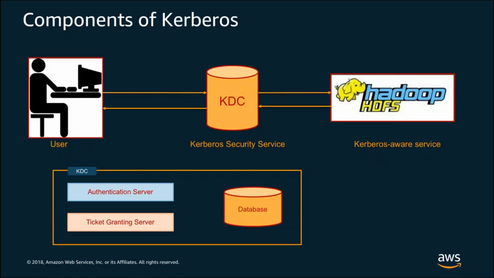The KDC consists of an authentication server, a ticket granting server, as well as a database. It maintains this database of principals within its realm, their passwords and other administrative information pertaining to each principal. The KDC authenticates these principals and users by issuing tickets for authentication.